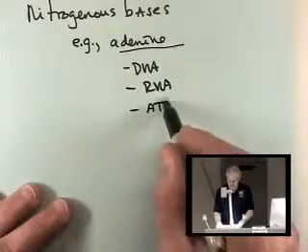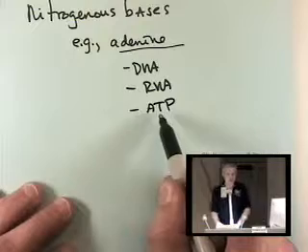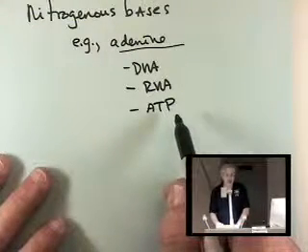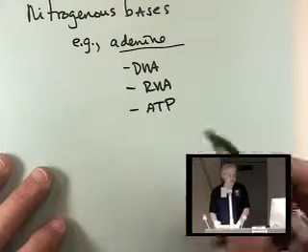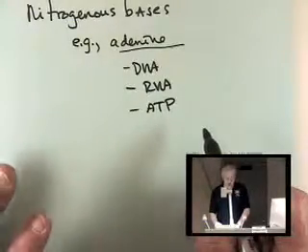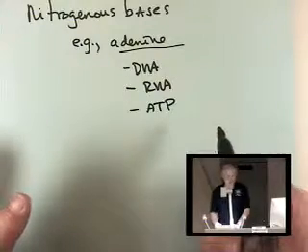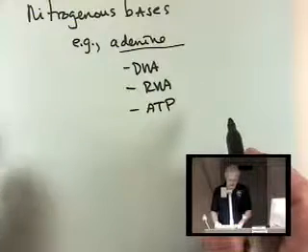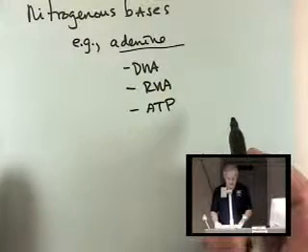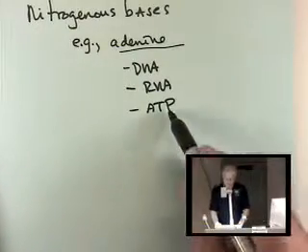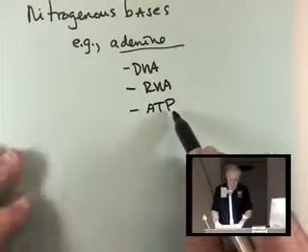ATP, right? Adenosine triphosphate contains the adenine nitrogenous base. Remember, for a nucleotide, there's the carbohydrate, either ribose or deoxyribose for RNA or DNA respectively. There's the nitrogenous base, adenine is one of them, and then there is the phosphate group.